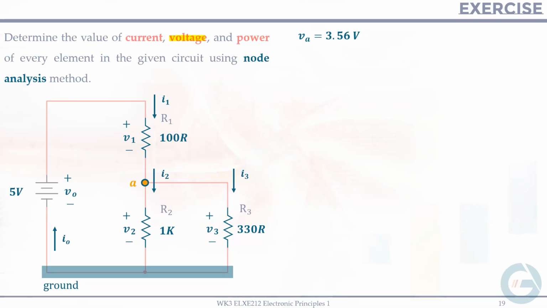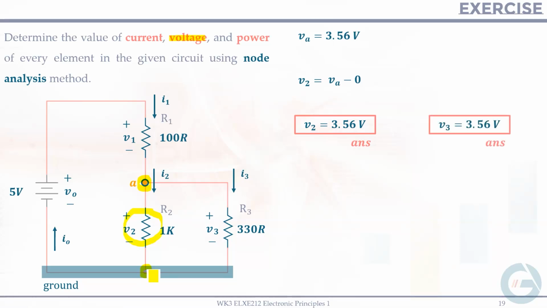So first is V2. What is V2? The difference of voltages between this terminal and the other. V2 is VA minus 0, which is equivalent to 3.56 volts. Next, V3 is in parallel, so of course they have the same voltage.